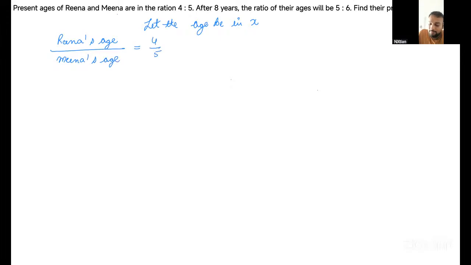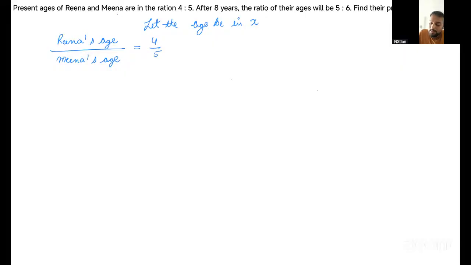Okay, so it means that let the age be in X. So it is given that Reena's age upon Nina's age, because ratios are in the form of upon form, is in the form of 4 is to 5.